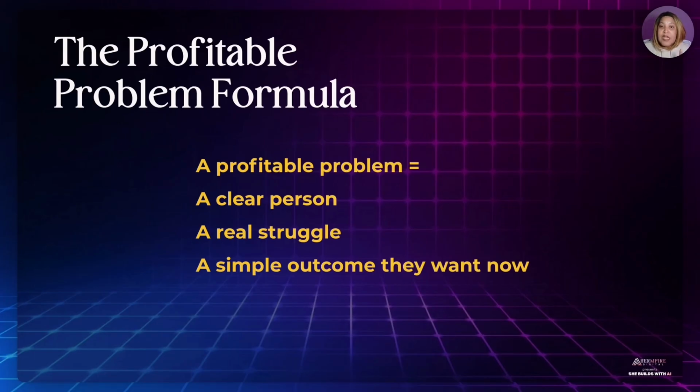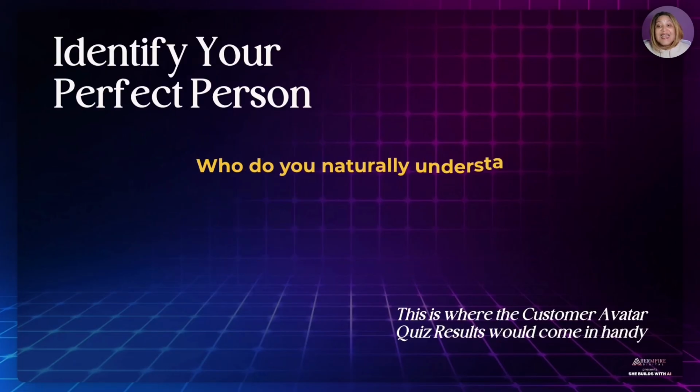Now, this formula helps you avoid vague problems, and it allows you to focus on one thing that your person is actively trying to fix right now. It might give you multiple things in your analysis. However, you can focus on the one thing they need fixed right now, because we can always add later.